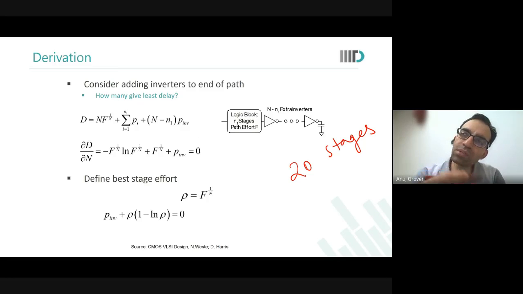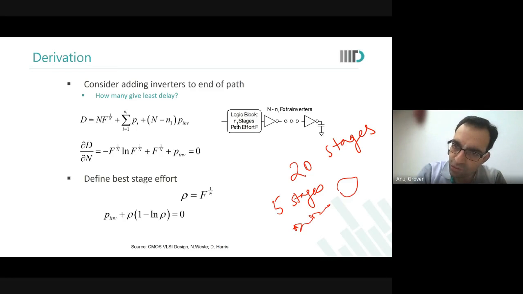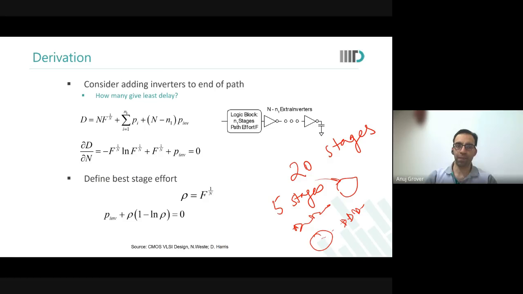Now, the combinational logic that you had required only 5 stages. So now you have a choice: should you put inverters first and these 5 combinational logic stages later, or combinational logic stages first and inverters later? What would you choose, and why?